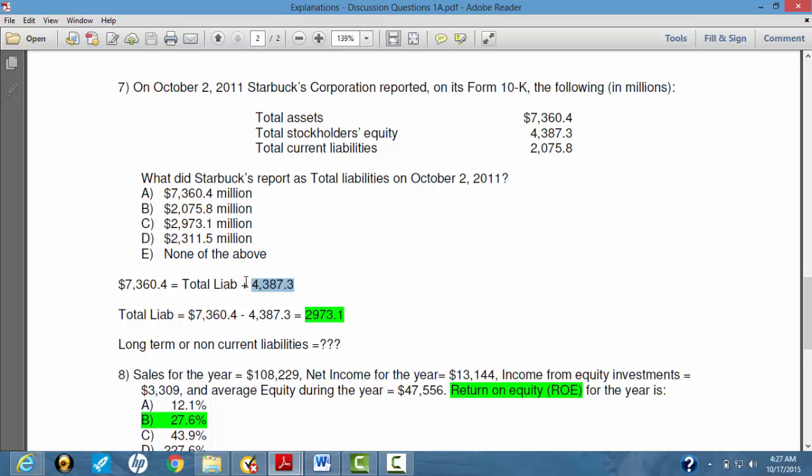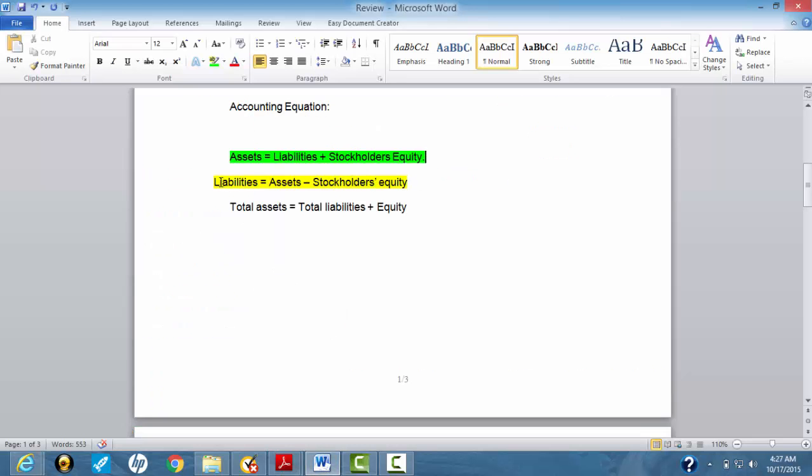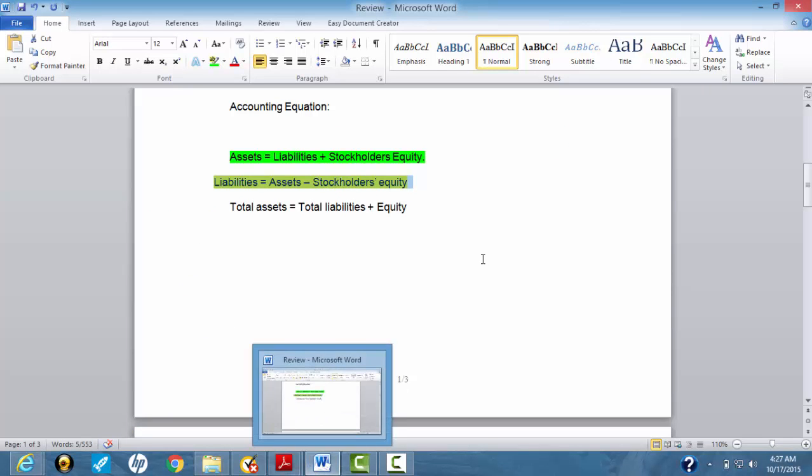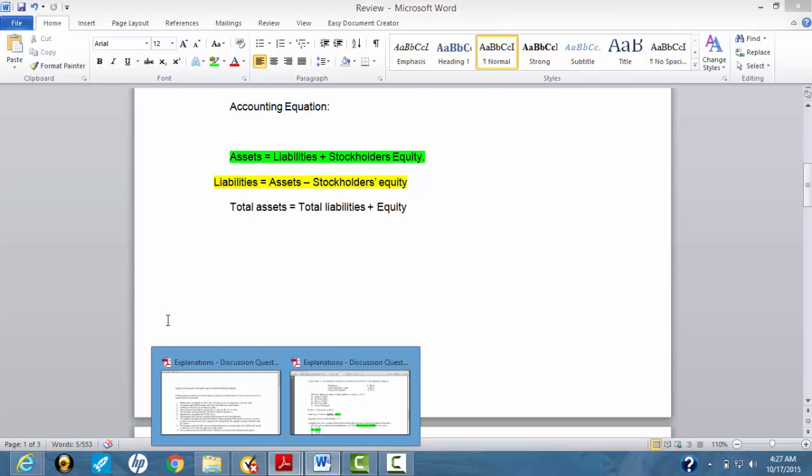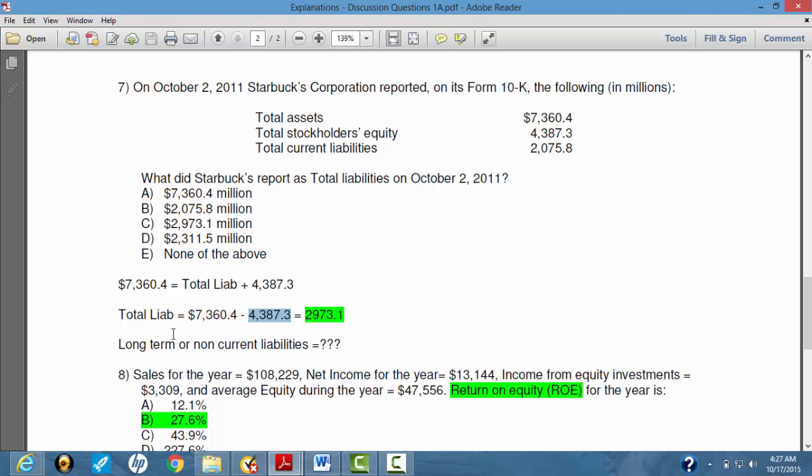So we can plug it into the accounting equation, and that's what we have. So total liabilities will be the assets minus the equity. And that's what we also have here. Total liabilities will be assets minus the equity. So if that is the case, we can determine total liabilities to be 2973.1, which is answer C.